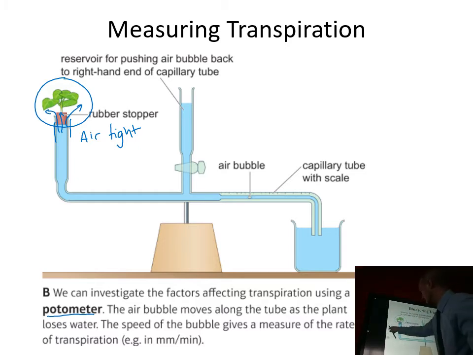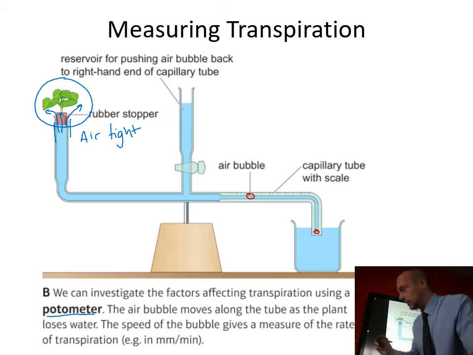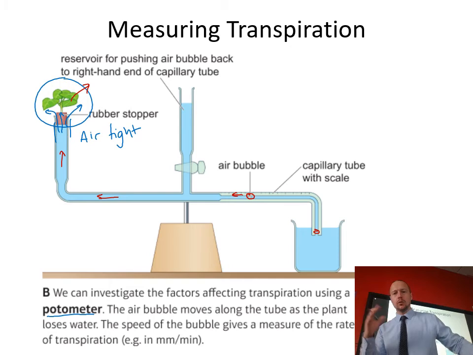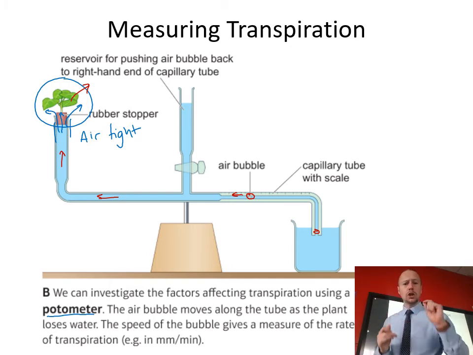Right, the next important thing in this is that we'll have an air bubble. So we would introduce a bubble into the end of this capillary, and as water evaporates, remember it's pulling the water through the xylem, but in this case it's pulling water through this thing called a capillary tube, and we can measure how fast the bubble moves through that tube, and we can use that to measure the speed of transpiration.